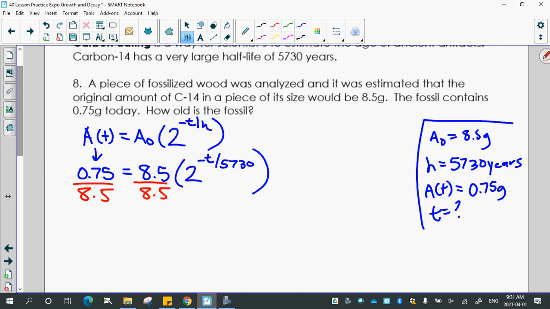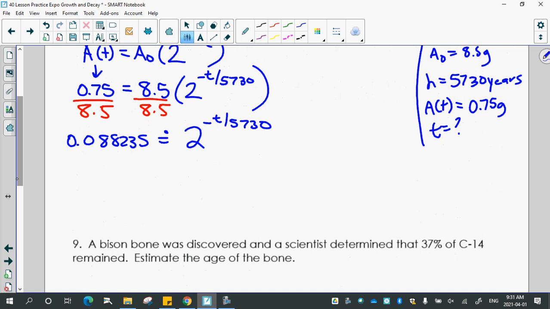So 0.75 divided by 8.5 is 0.088235, which is approximately 2 to the negative t over 5,730. So then we want to write this side as 2 to something.